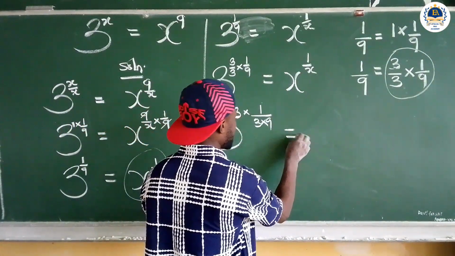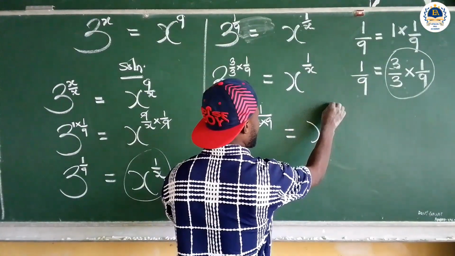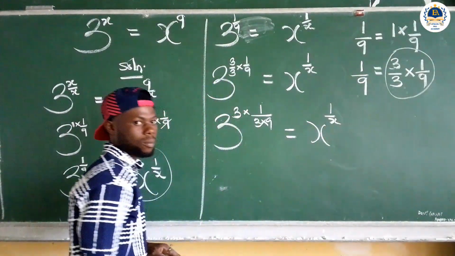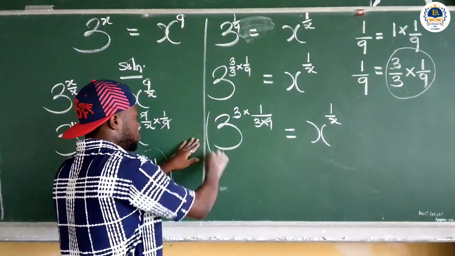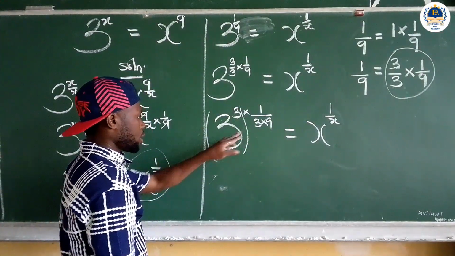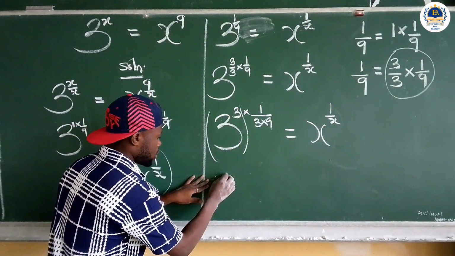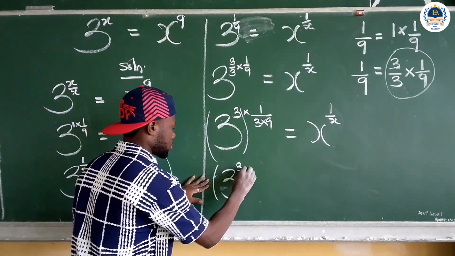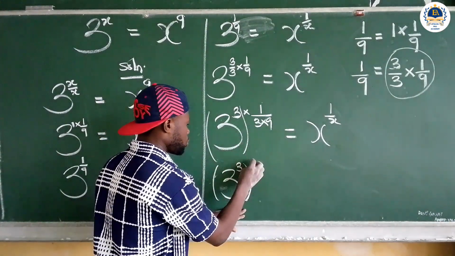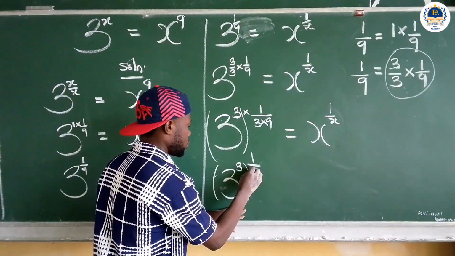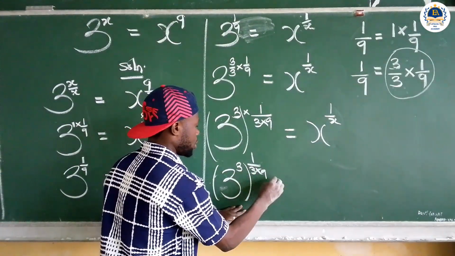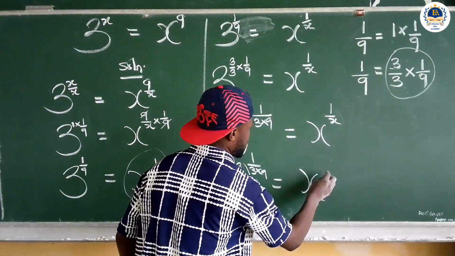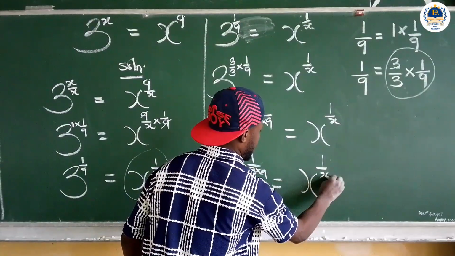So this yields x raised to the power of 1 over x. If I put this in bracket, I'm going to obtain 3 raised to the power of 3, raised to the power of 1 over 3 times 9, which equals x raised to the power of 1 over x.